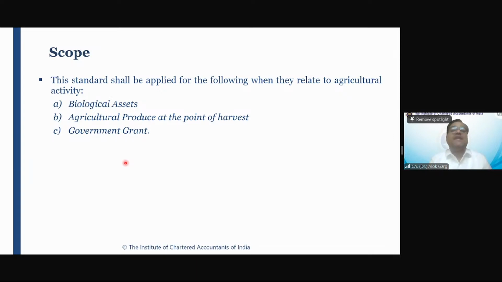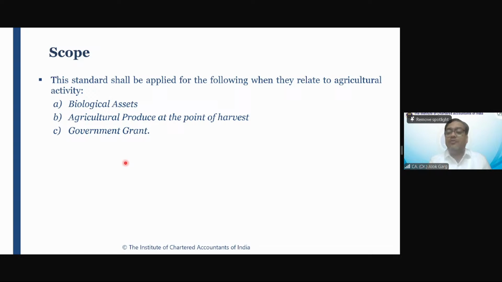whether those animals will be covered under Ind AS 41? No, sir. You're right, no. Why? Because those animals are not engaged in agricultural activity.